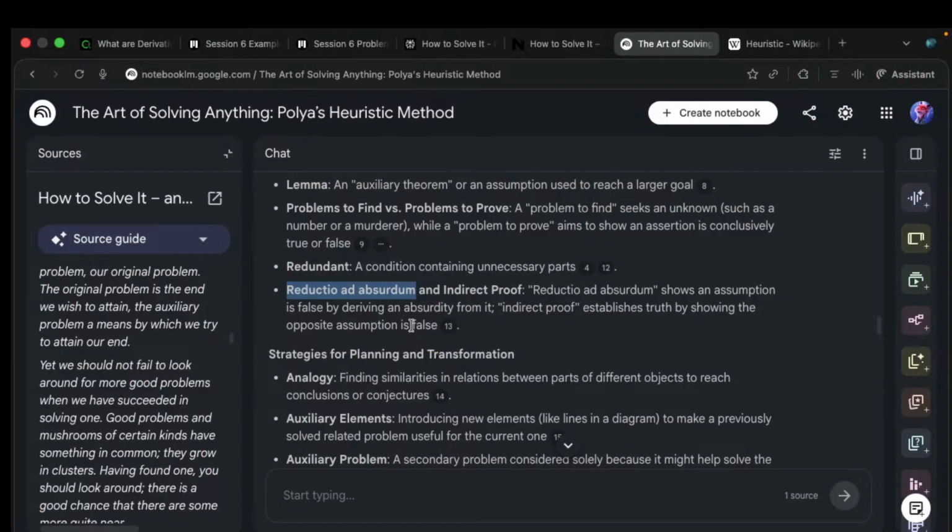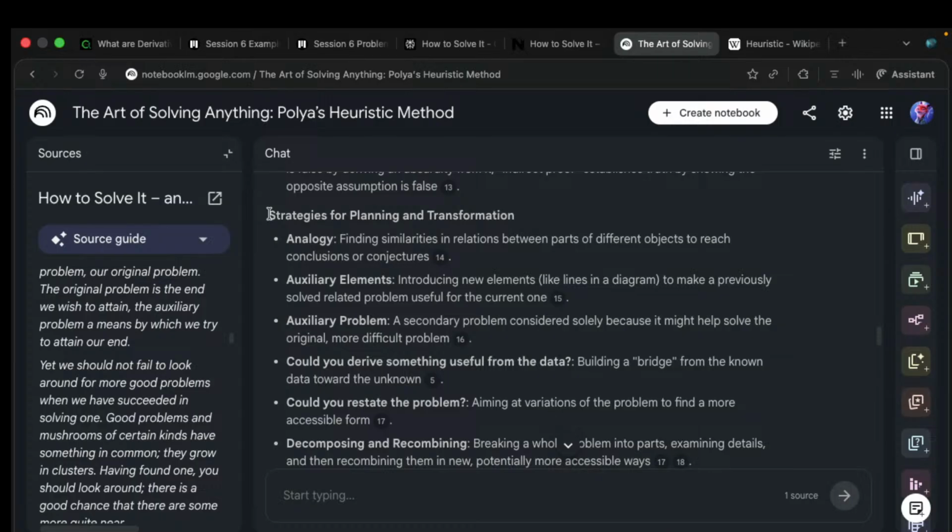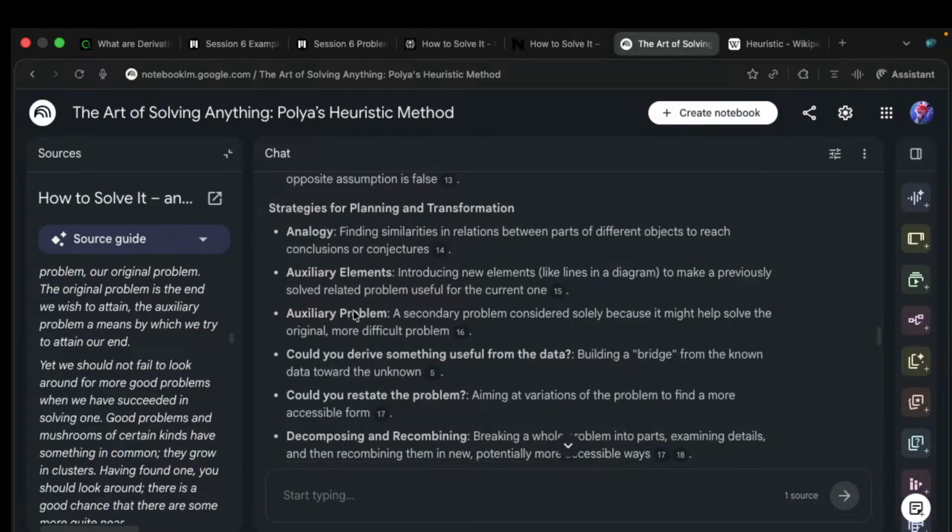Okay, so strategies for planning and transformation. So analogy: finding similarities in relations between parts of different objects to reach conclusions or conjectures. Yeah, so it's basically very basic things. So search and recognition strategies to reuse all the data.